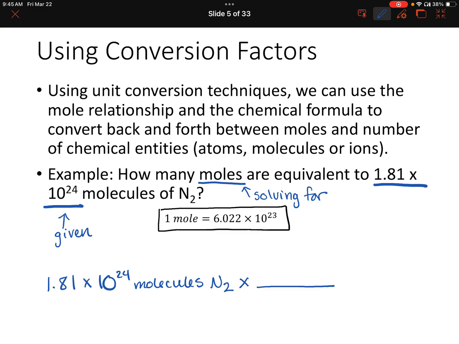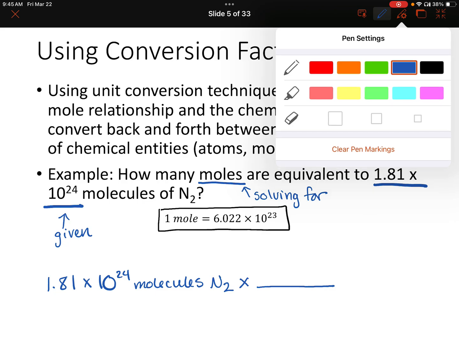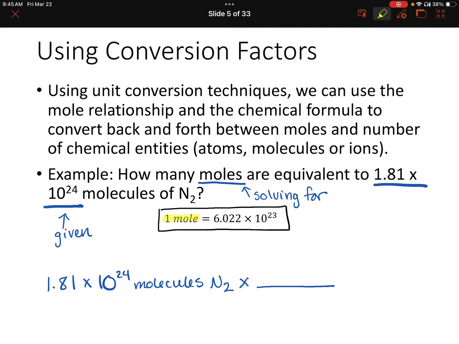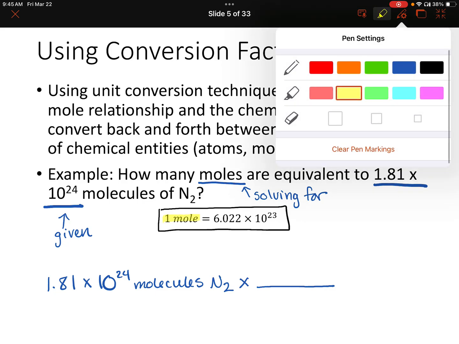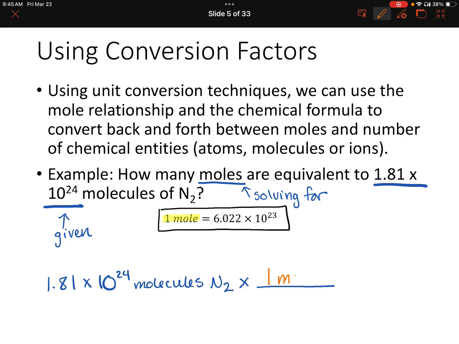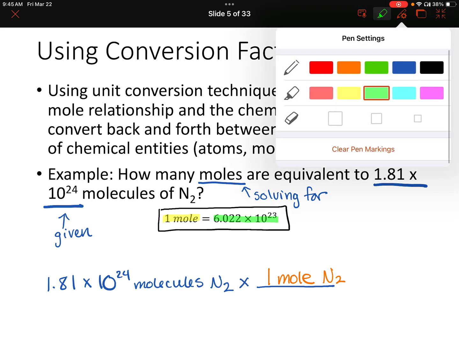Now on the top of this line, I'm going to put what I'm solving for. In this case, that will be 1 mole, which is on the left side of our equality, and that will be 1 mole of N2. Then in the denominator, I'm going to use, let me use green, the other side of this equality, which is Avogadro's number.